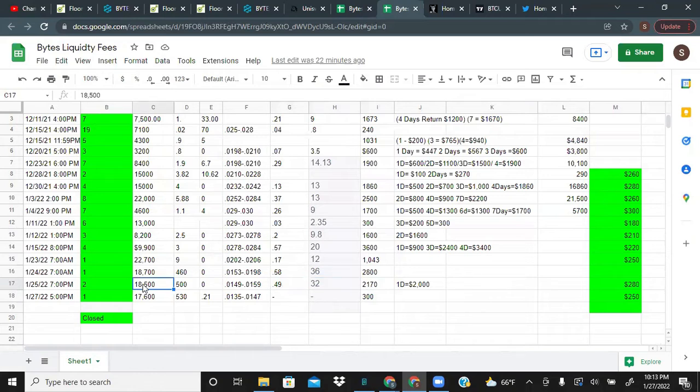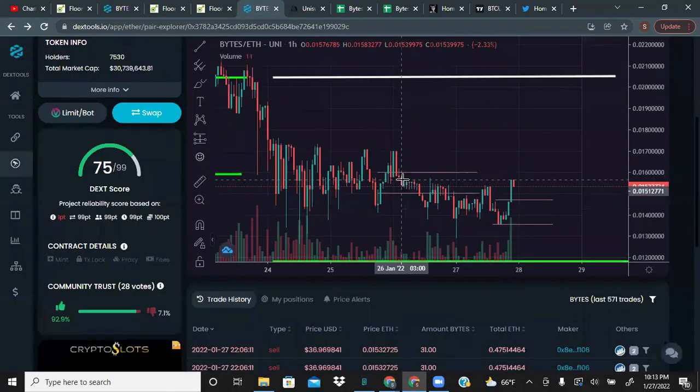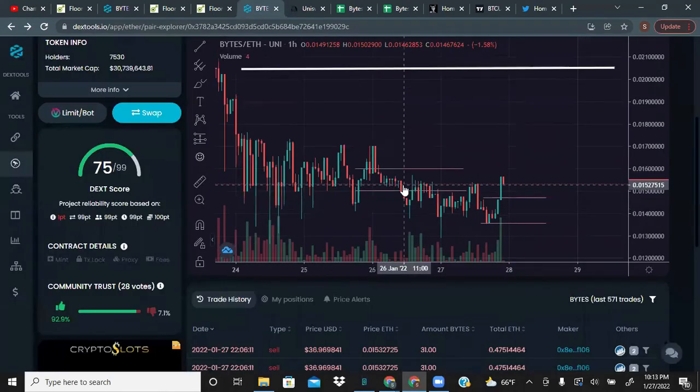So let's just go ahead and figure out what exactly I'm talking about as far as impermanent loss and how to look at it and how to calculate it. Just to make the math simple, using this example here, I had $18,500 invested here. And what happens when the price moves to 0.017?